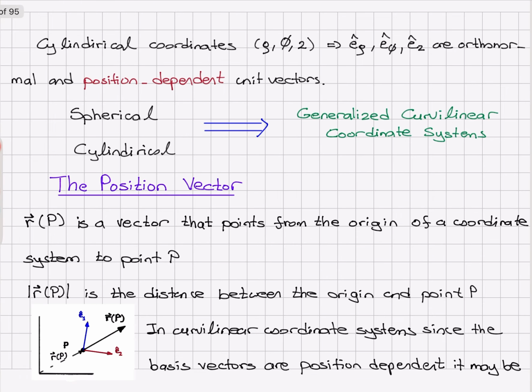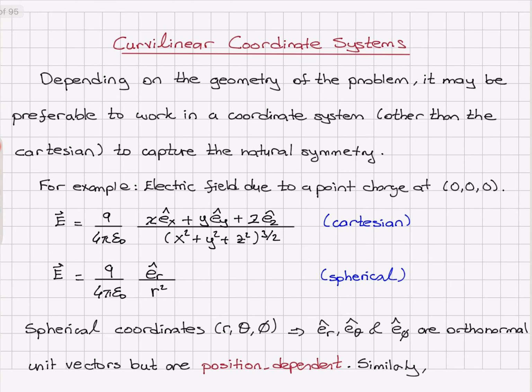Okay, so we have talked about an introduction to curvilinear coordinate systems. Depending on the symmetry of the problem, we sometimes prefer to use coordinate systems other than the Cartesian coordinate system. Electric field calculation for a point charge at the origin is a good example.